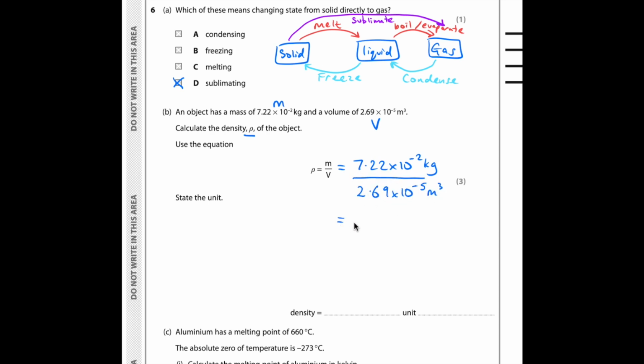And that equals 2684.0. And the units, if we are taking kilograms and dividing it by meters cubed, it is literally kilograms divided by meters cubed.